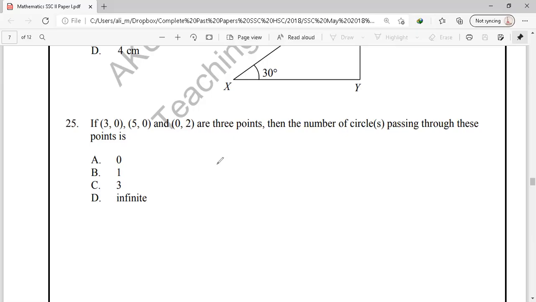So we have the correct statement that we have studied in our theorems. In question 25, the correct answer is option B. Only and only one circle can pass through any three non-collinear points.